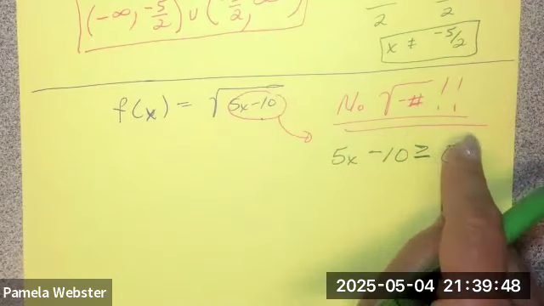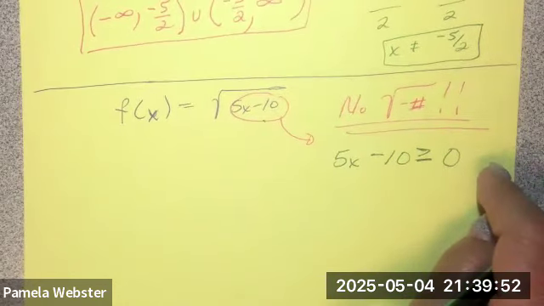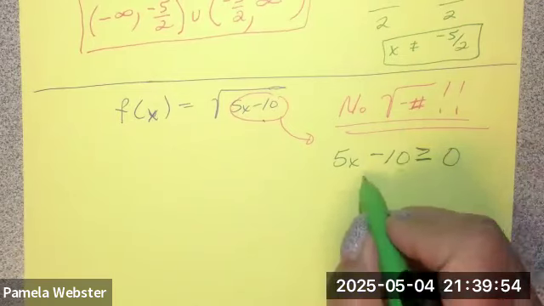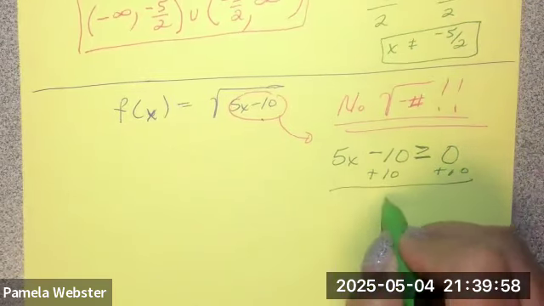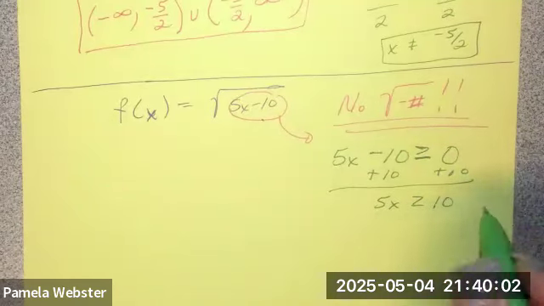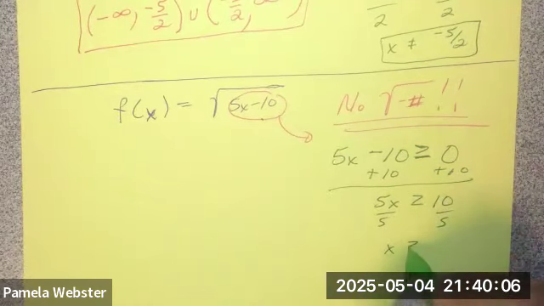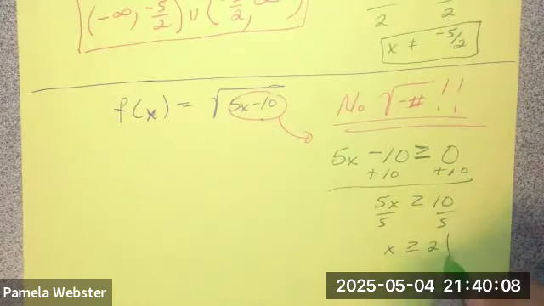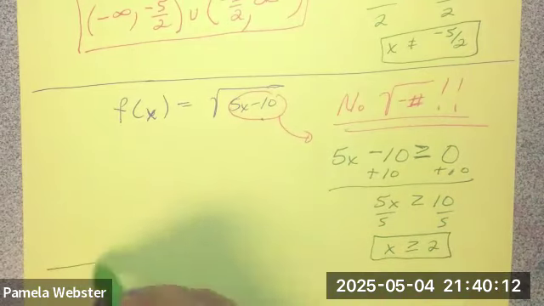It makes it, I'm sorry, that greater than sign, it makes it be positive, right? So add over the 10. 5x is greater than or equal to a positive 10. Divide by the 5. X is greater than or equal to 10 over 5, which is 2, right? That's what we're looking at here.